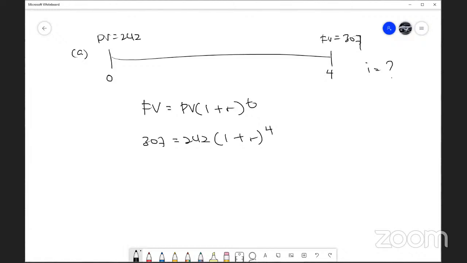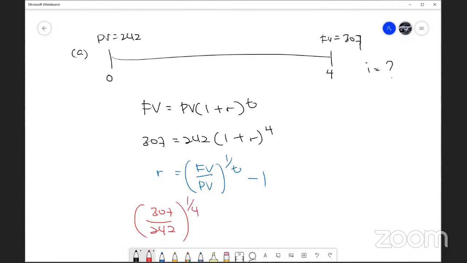The formula is R equals FV divided by PV, power of 1 over T, minus 1. So in this case, 307 divided by 242, power of 1 over 4, minus 1 equals R.